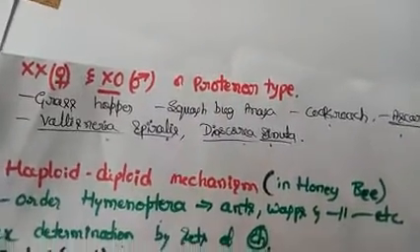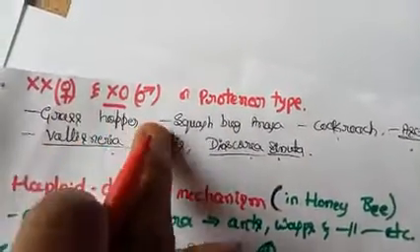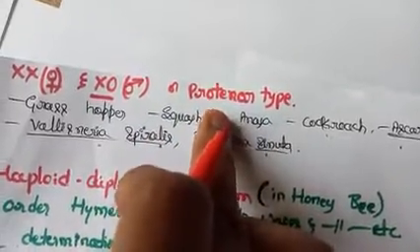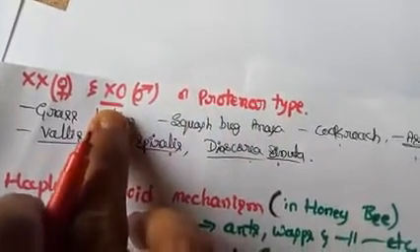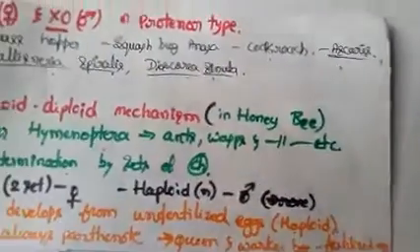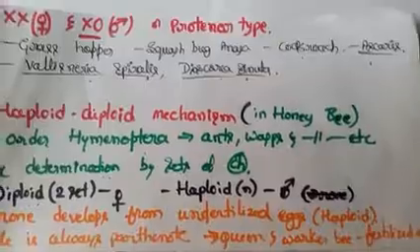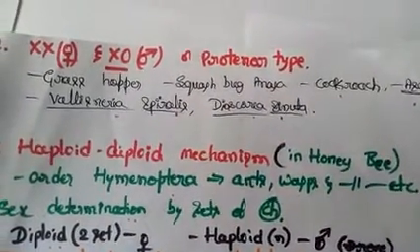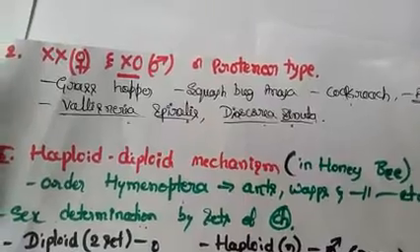So this XX female and XO male is also called the Protenor type of sex determination. Here the male lacks one of the chromosomes. It produces the gametes along with the autosomes and the allosomic chromosomes.